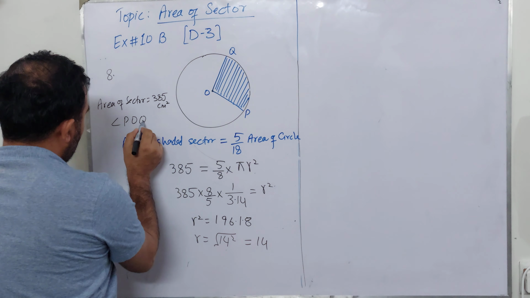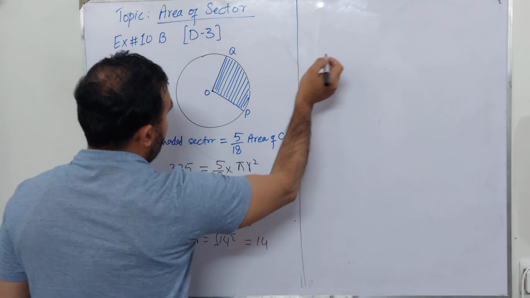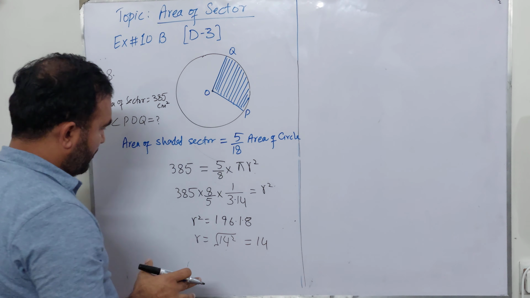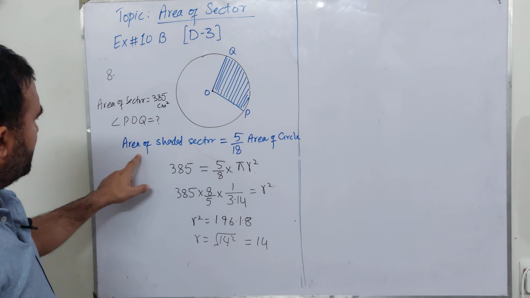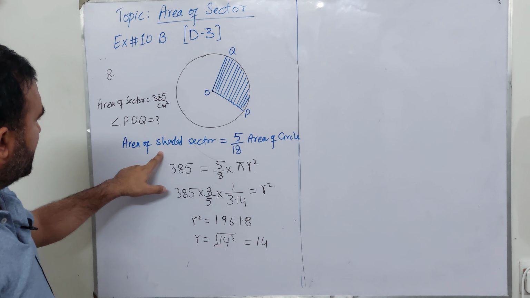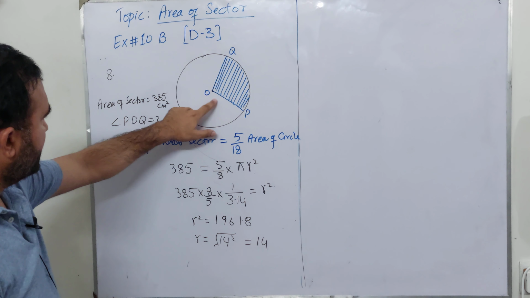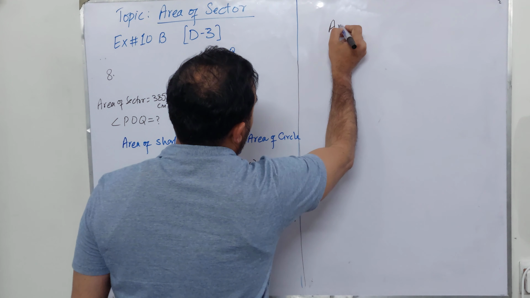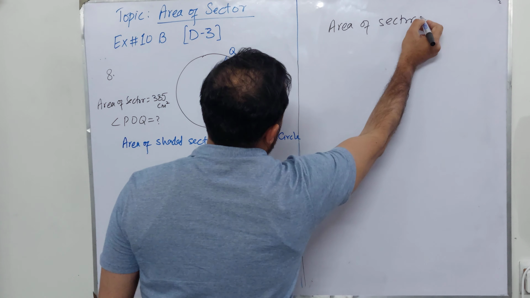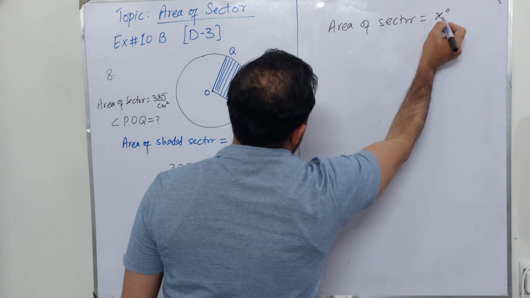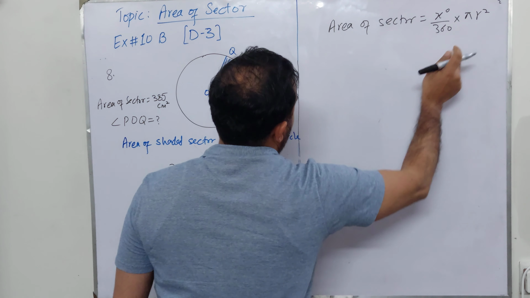Angle POQ has to be found, right? So you can use the formula of the area of the shaded region to find this angle, okay? So the area of the sector or shaded region is equal to angle divided by 360 into pi r square, okay?